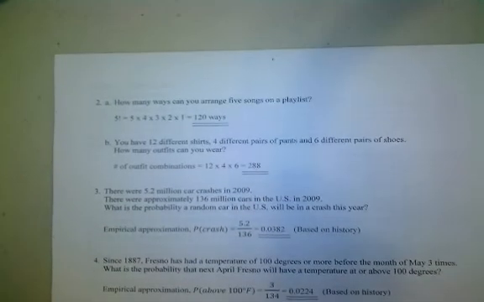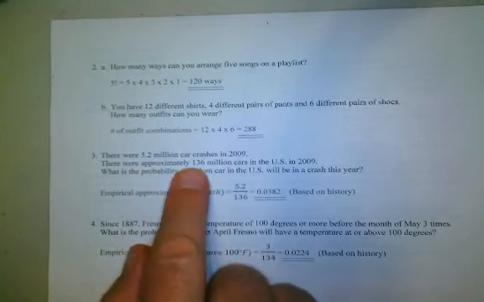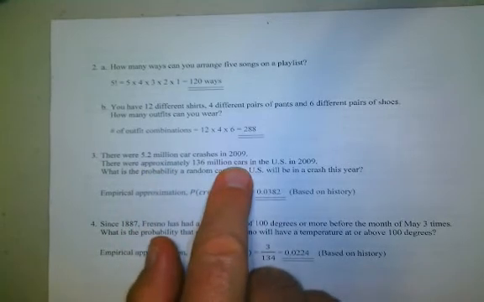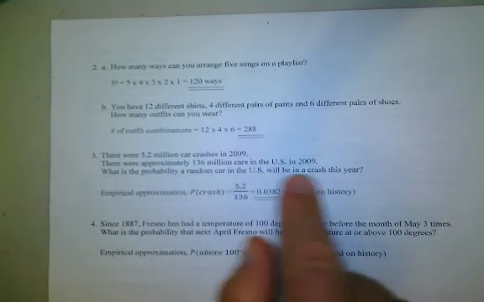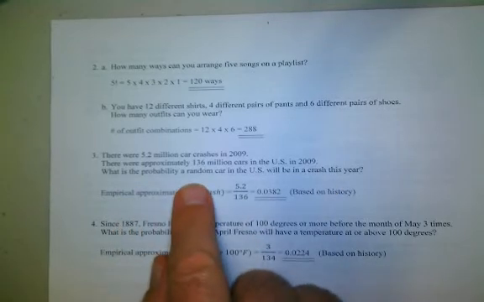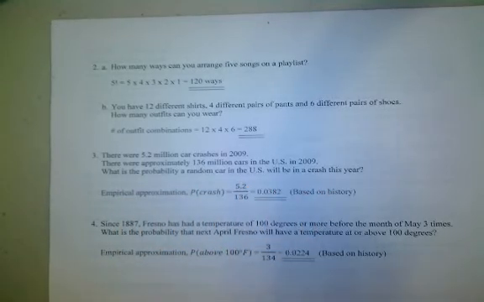All right, these last two deal with those historical approximations. So here we have 5.2 million car crashes in 2009. Maybe that's the last year that they had data from. And then they say there are approximately 136 million cars in the U.S. What is the probability a random car in the U.S. will be in a crash?